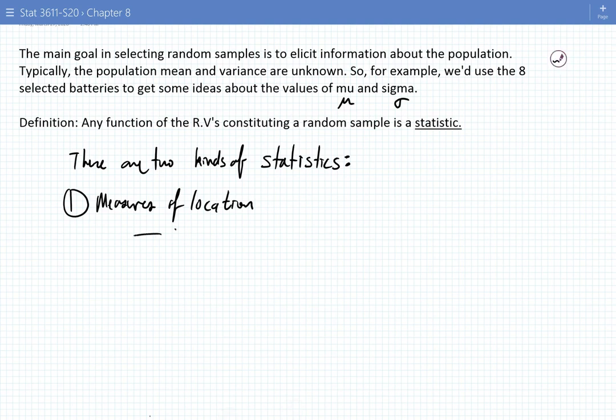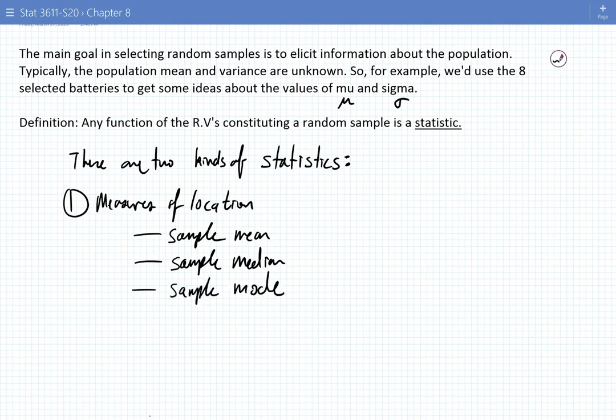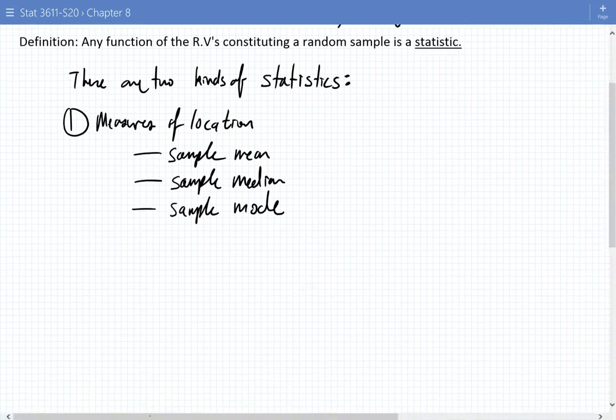There's a variety of these that we can use. We can look at the sample mean or sample average. You could look at the sample median. And we'll define what all of these are shortly. We could look at the sample mode, just to name a few. These are all measures of location.